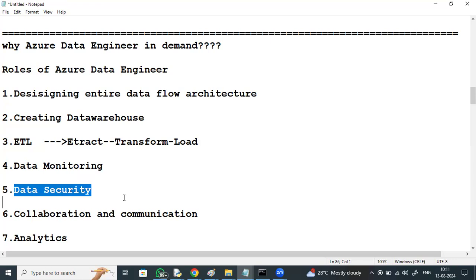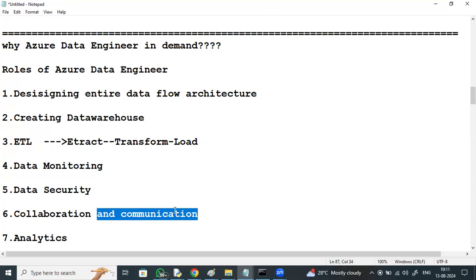And collaboration and communication, right? Data engineers need to constantly communicate with the business team to check the requirement of the data and the format in which the data is required, and also collaborate with the data scientist to deliver the data as per their requirement.